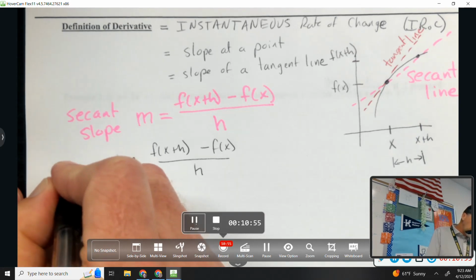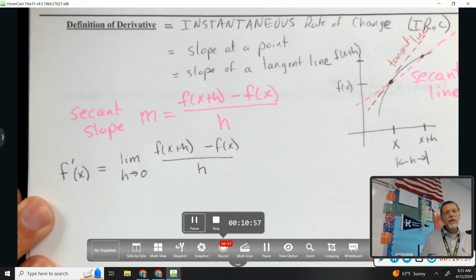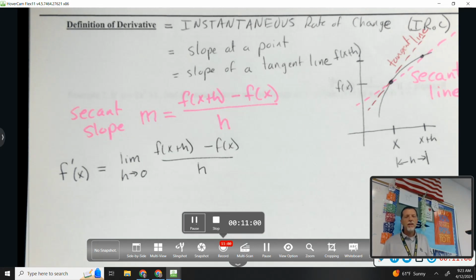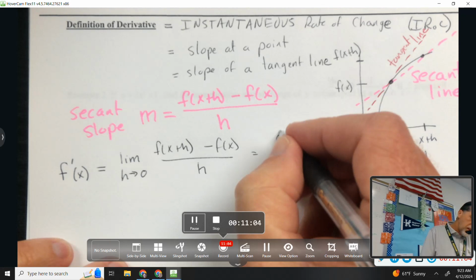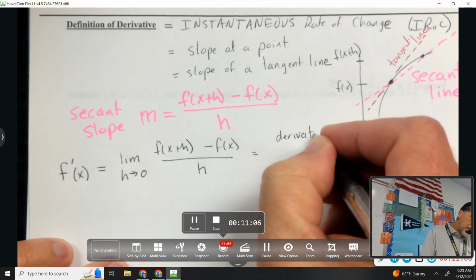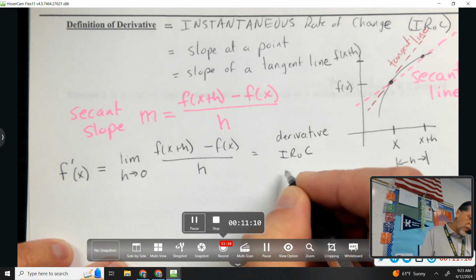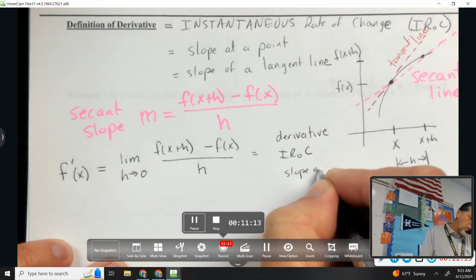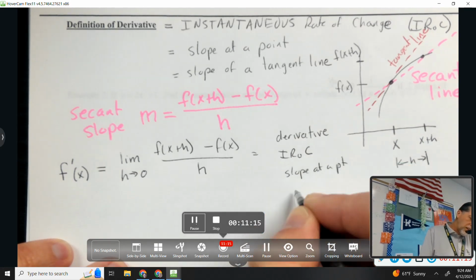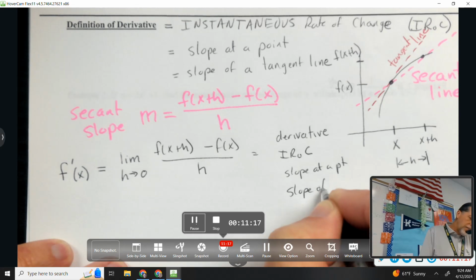The symbol for that is a little prime on the f. So we say f prime. So that's the derivative. That's the instantaneous rate of change. That's the slope at a point. That's the slope of a tangent line.